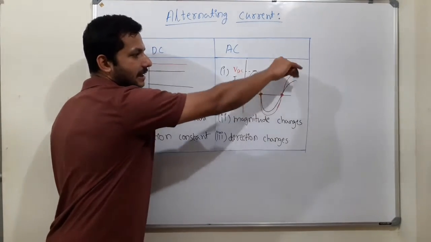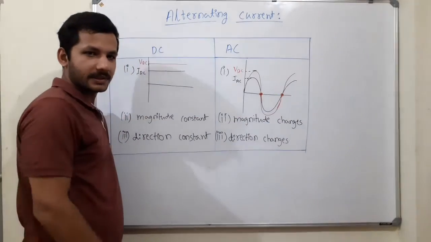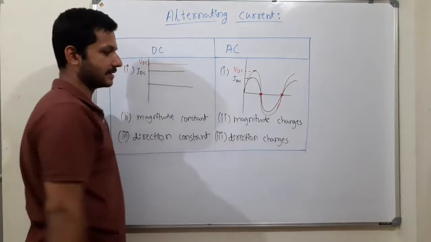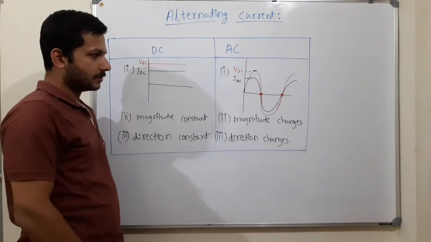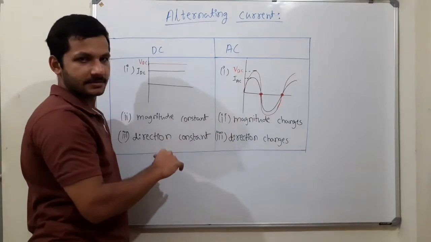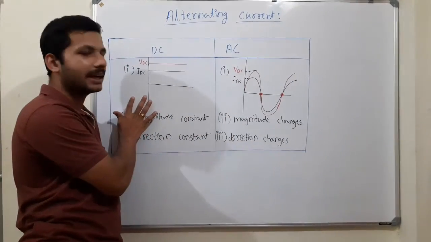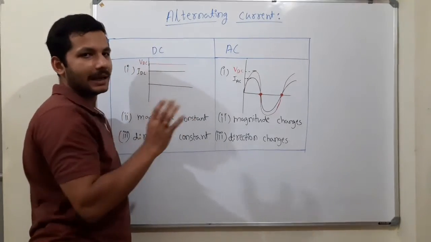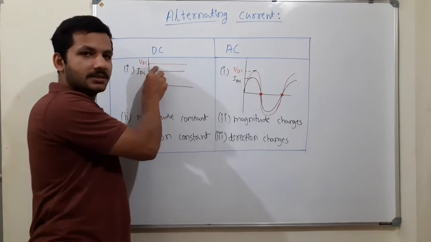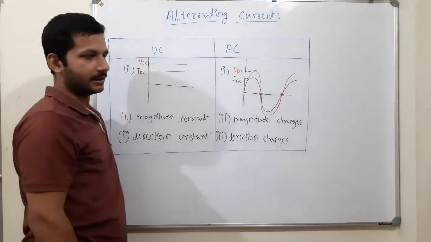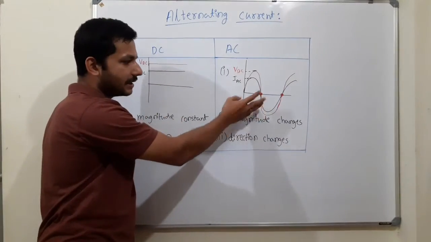There is an increase and decrease in the values, which means the magnitude changes. Whereas in DC, the magnitude doesn't change, it is a straight line indicating a fixed value. Neither voltage nor current changes under direct current, whereas under alternating current they both change.